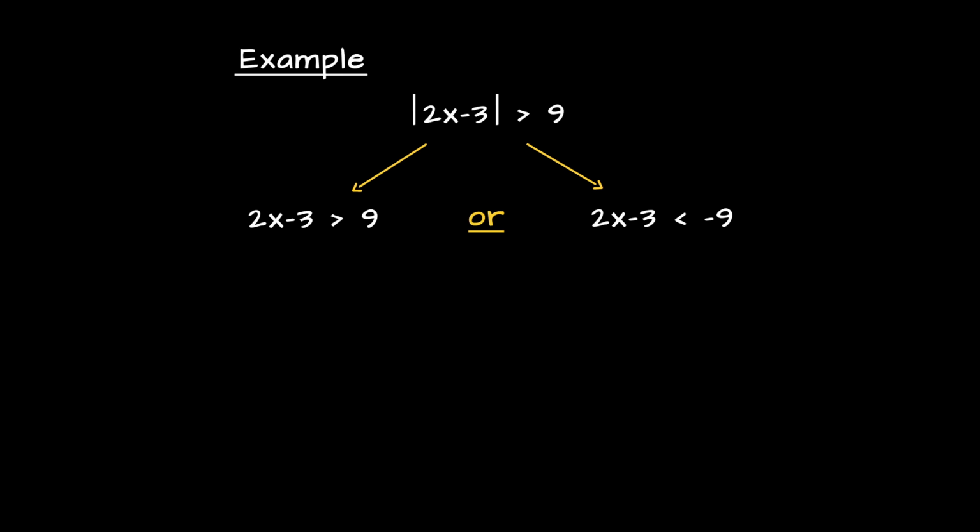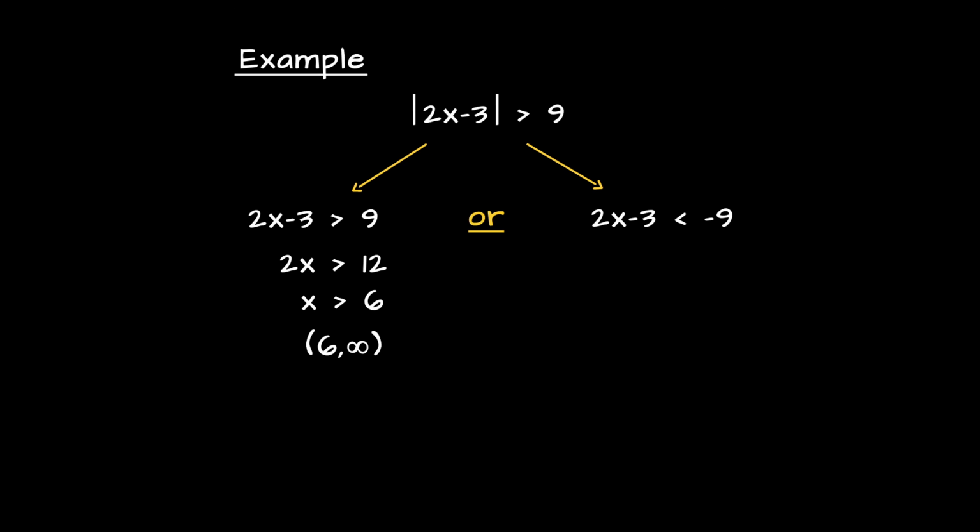So beginning with the inequality on the left, we have 2x is greater than 12 after adding 3 to both sides, which gives us that x is greater than 6 after we divide both sides by 2. So the solution here will be the open interval from 6 to infinity, right? That's how we describe all numbers that are greater than 6.